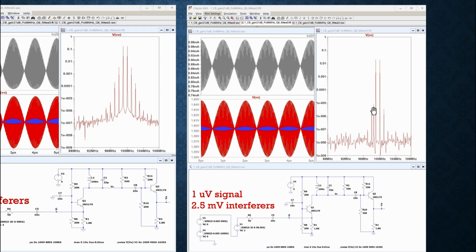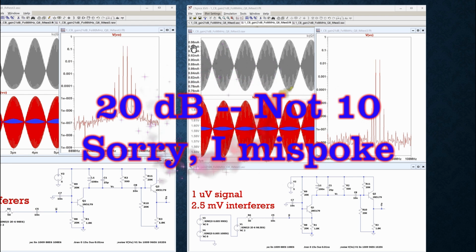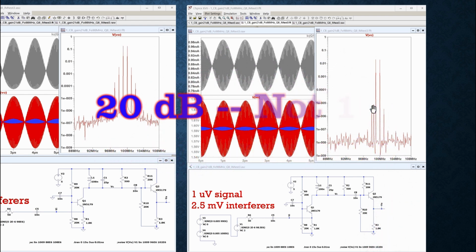Oh, and what's this? That's our signal. So when the interferers are weaker, the intermod products are weaker, but they're a whole lot weaker. We dropped this by 10 dB from the previous case, but these guys fell by 60 dB.